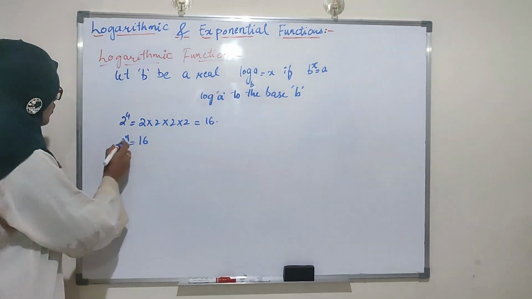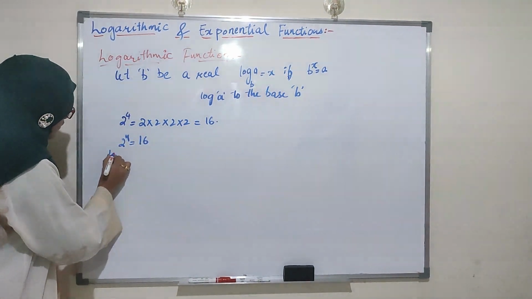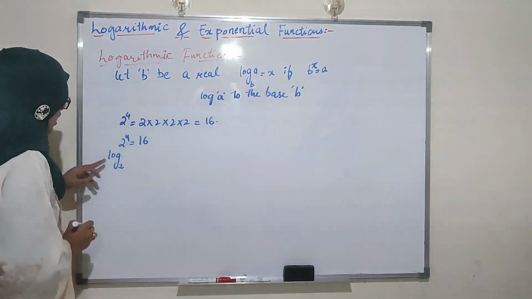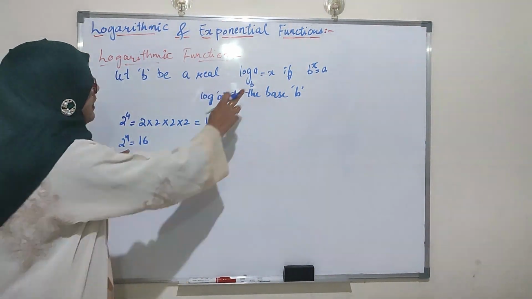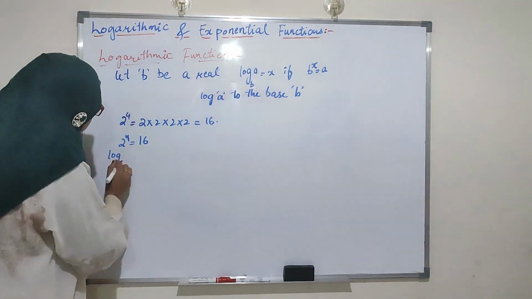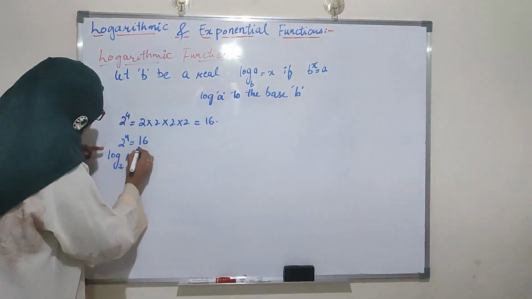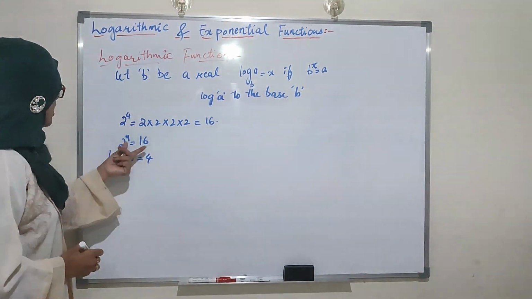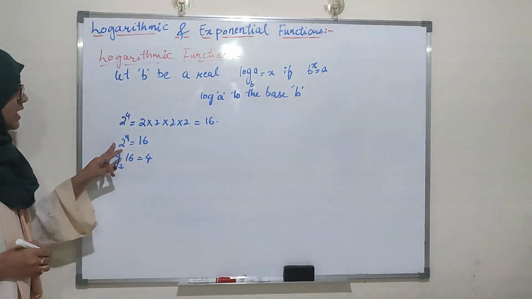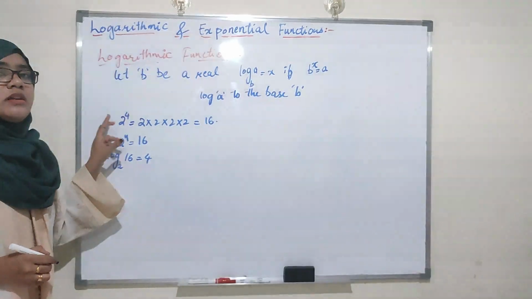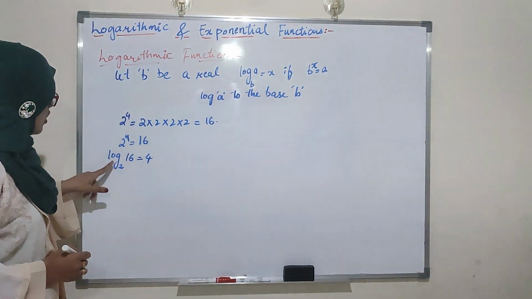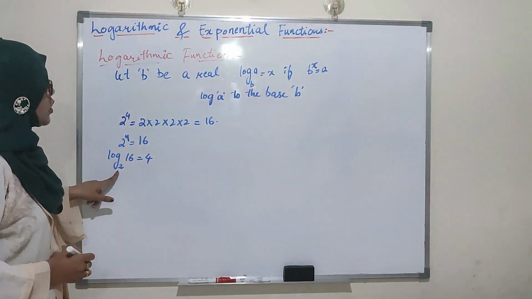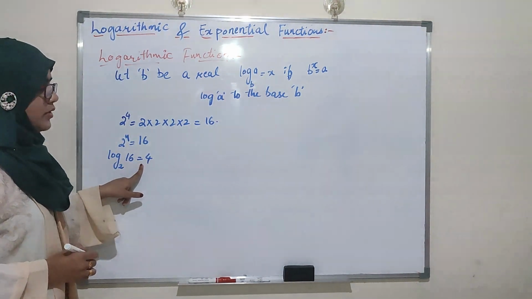So the base here is 2, log of 2, and x is 4. By multiplying 2 four times, we get 16. So we write log of 16 to the base 2 is equal to 4.